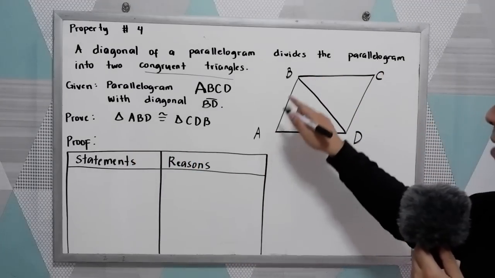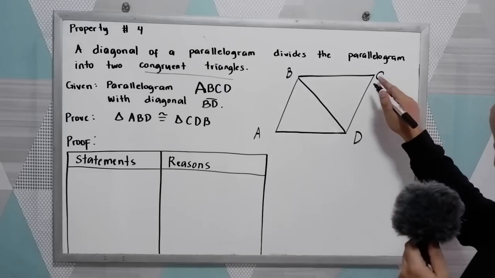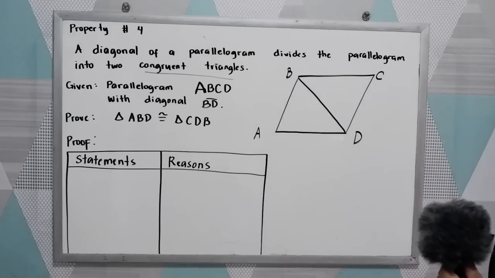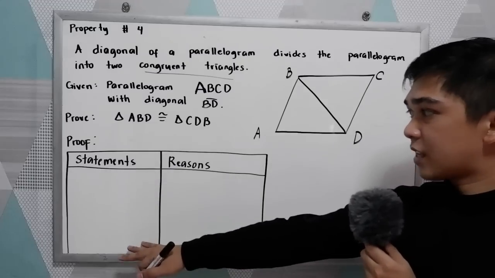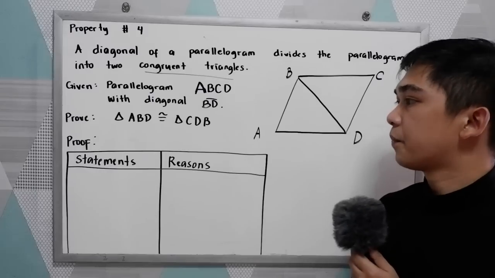So triangle ABD is congruent to triangle CDB. We're going to use the 2-column proof, the statements and the reasons.